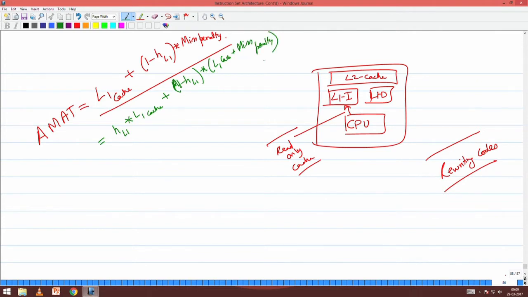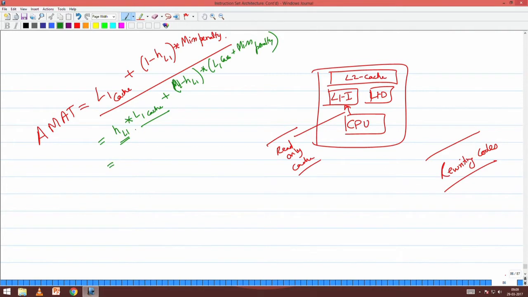So for all, HL1 is the hit ratio, that fraction of those instructions will take L1 cache access time. The remaining will take L1 cache time plus miss penalty. Miss penalty is the time required to access anything beyond L1.